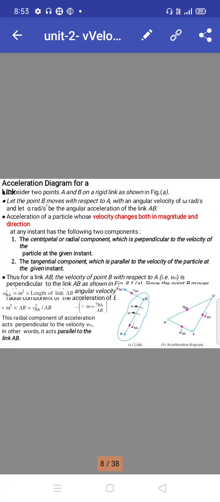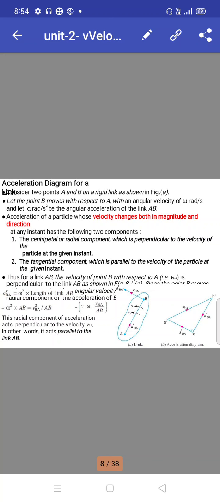Acceleration for a rigid link. Consider two points A and B on a rigid link, such that the point B moves with respect to A with an angular velocity of omega radian per second, and alpha radian per second square is the angular acceleration of the link AB.